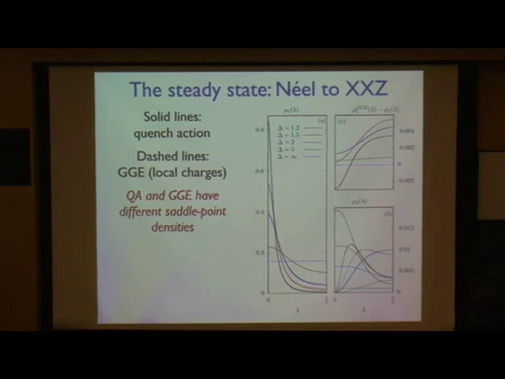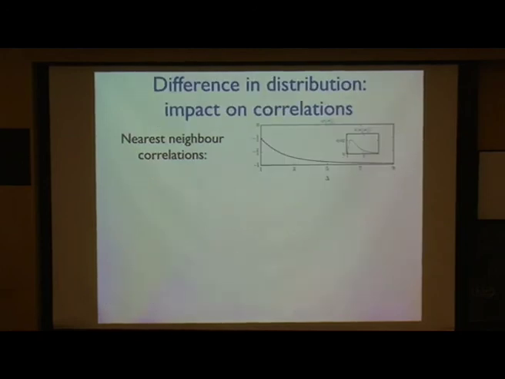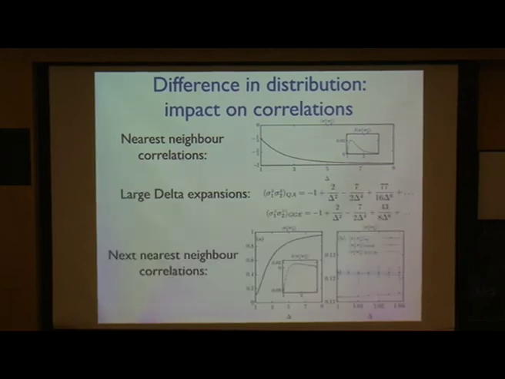Somehow, just having the dynamical constraints coming from the local charges is insufficient to point you to the correct steady state. This has, of course, an influence on the distributions you get in the steady state, but also on any measurable correlation function. Any correlation function will show the difference between the two. It's even possible to do some numerical checks on this, and they show that the quench action solution gives you the correct expectation values instead of the GGE.